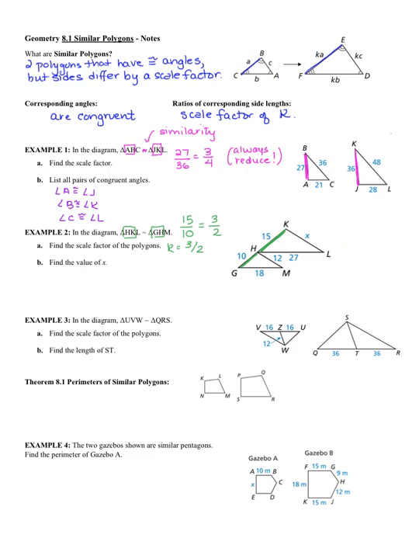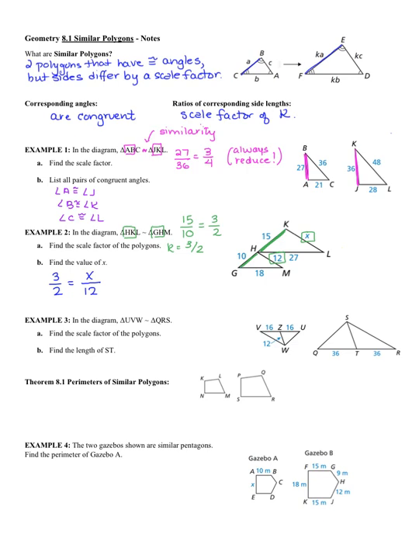Now we can use this scale factor to solve for a missing side, because notice over here I am missing the value of X. And that side corresponds to this triangle 12. So I set up a proportion. I know that 3 is to 2, so that's the bigger is to the smaller. You want to make sure you keep that ratio the same. The bigger to the smaller, as X, which is on the larger triangle, is to 12.